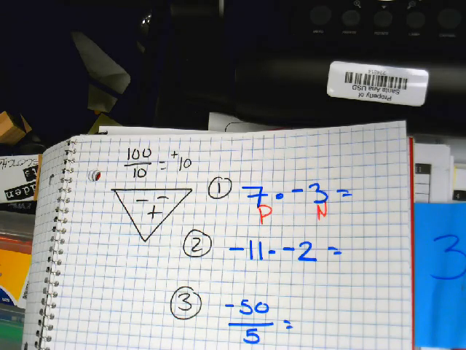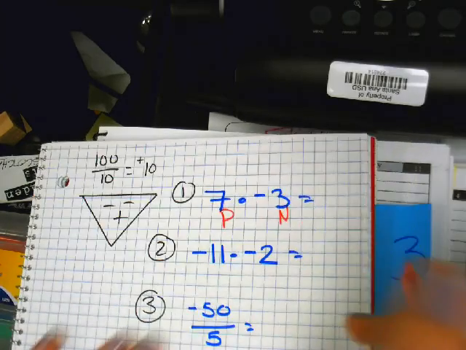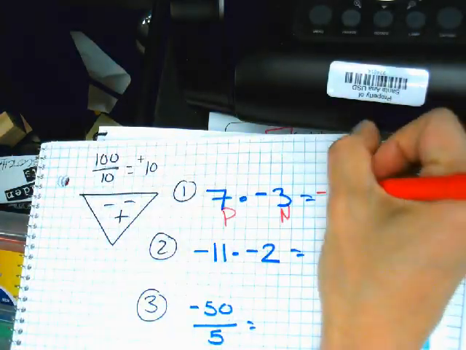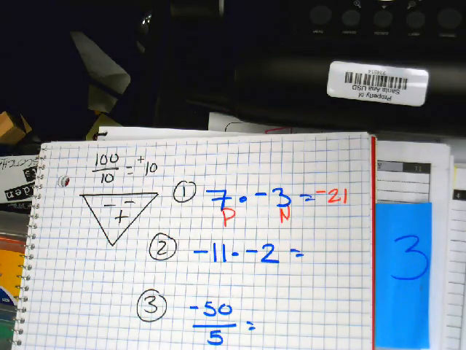Are they the same letters or different letters? Different. So if they're different letters, here I wrote my letters. If they're different letters, then it's negative. Some kids don't get the Dorito Man, and that's cool. You don't have to use the Dorito Man, but you got to learn it. Different letters equals a negative 21. How many of you got that one right?